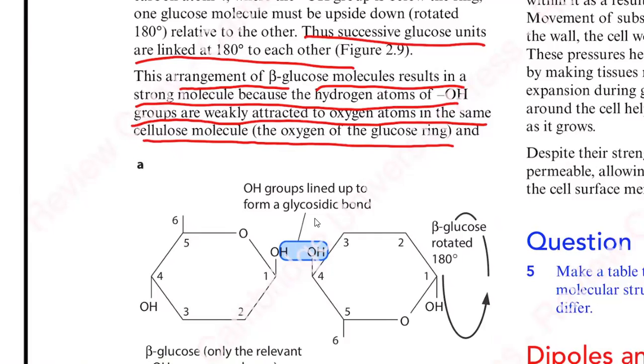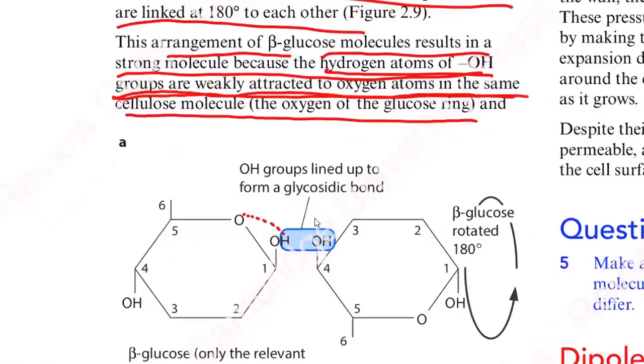Miss, because there are two beta glucose monomers, right? So one water molecule has to be expelled. So the hydrogen atom from one monomer is attracted to the hydroxyl group from the other monomer. Hydrogen atoms of the OH group are weakly attracted to the oxygen atoms in the same cellulose molecule. This is what they are saying.